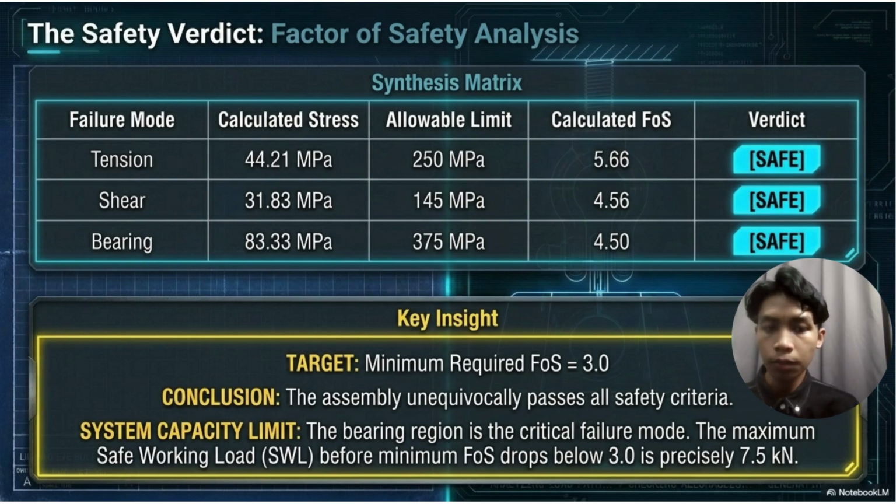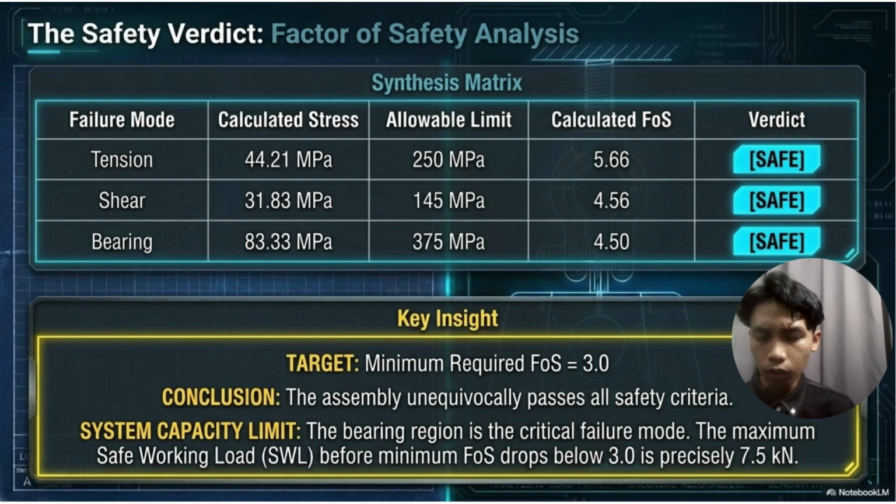Last, for bearing, exceeding the rest with the highest calculated stress at 83.33 megapascal against a 375 megapascal allowable limit. That also results in a factor of safety of 4.5.